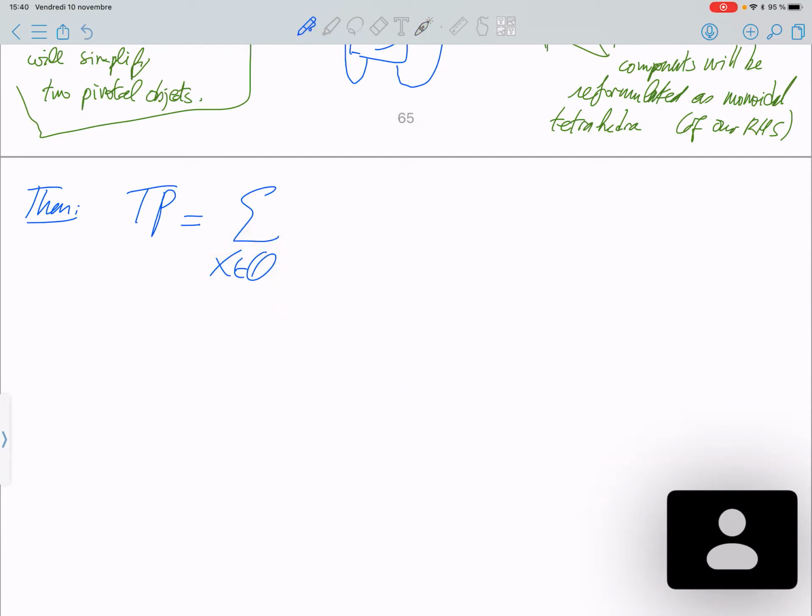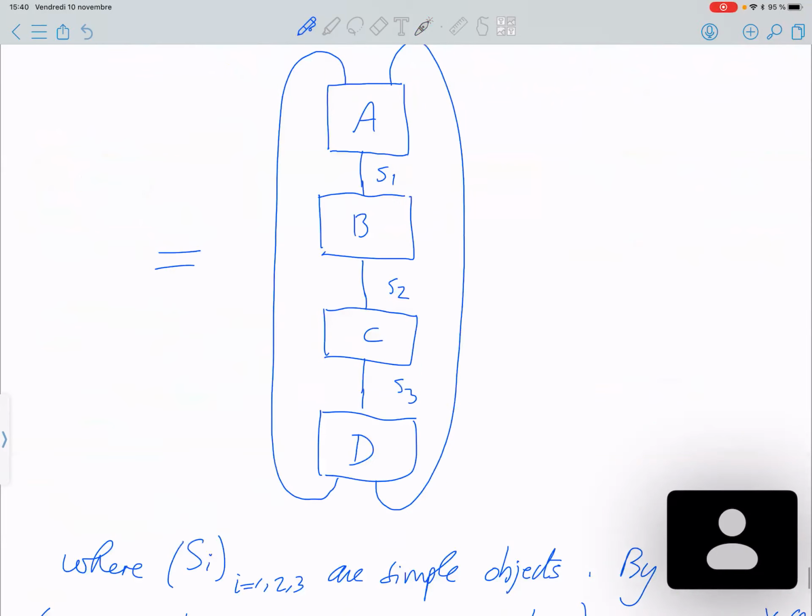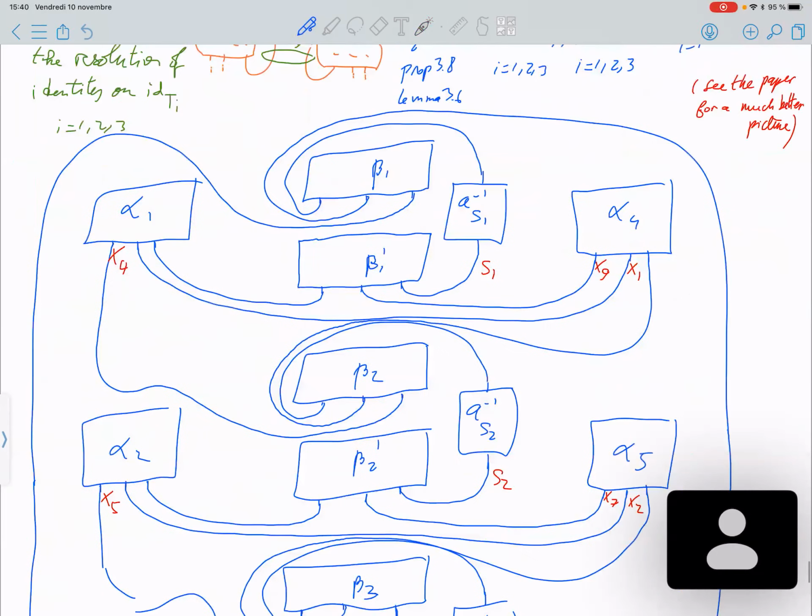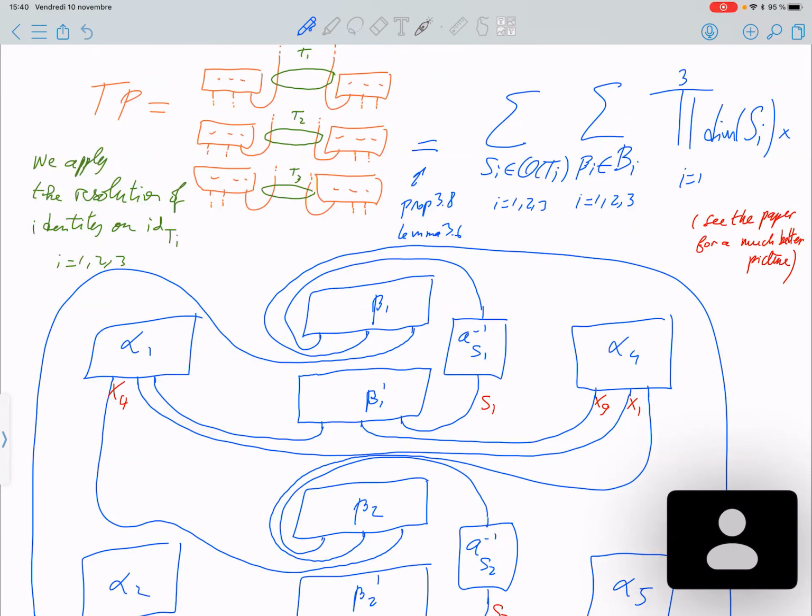Okay, and then you have the usual basis, i equal 1, 2, 3. So this basis, I guess we already mentioned. Yeah, so this is already here. Okay, so here you have X. You reduce to X in big O, because otherwise it is 0.